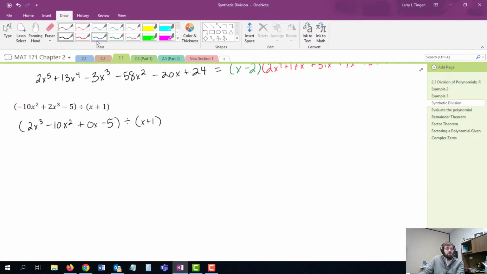And set it up. X plus 1, take the divisor, find the solution. That goes in the box. And then coefficients of the dividend. 2x cubed minus 10x squared plus 0x minus 5.